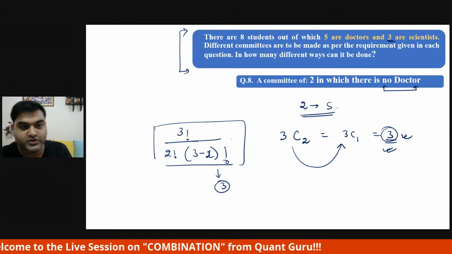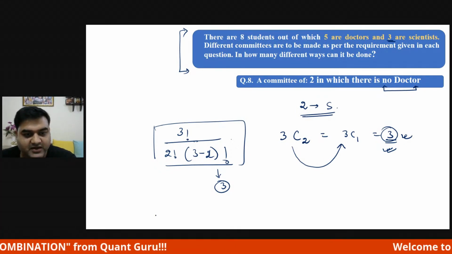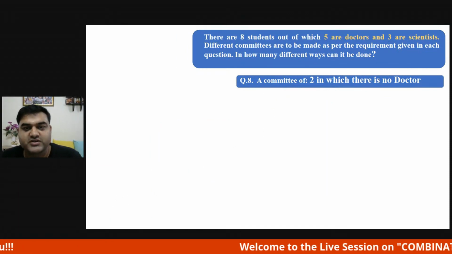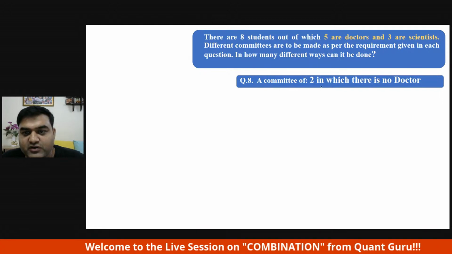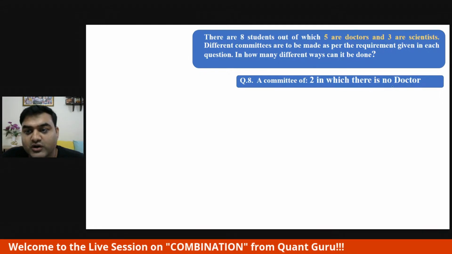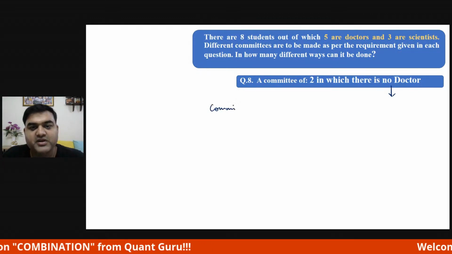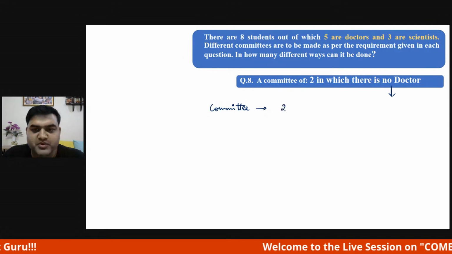So Kirti was asking to repeat it. It will take hardly some time. Okay, so this question, Kirti and anybody who wanted it repeated: a committee of 2 in which there is no doctor, right? When you are forming a committee, in the committee 2 members should be there.